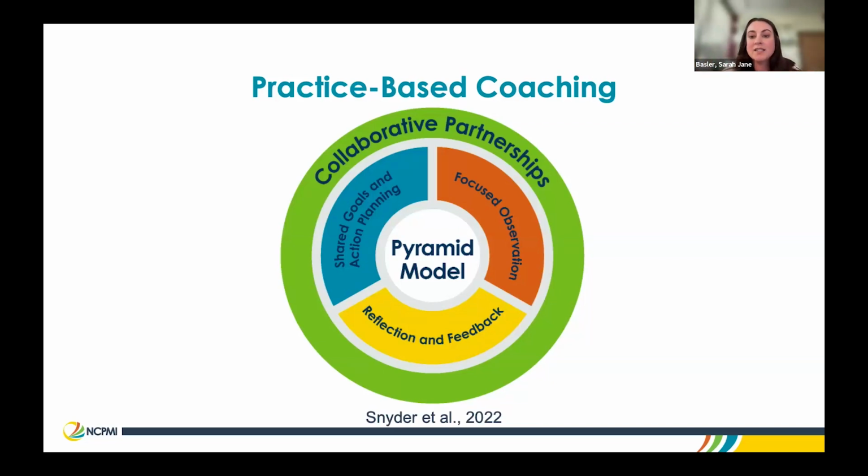For this project, the focus of coaching was and is the pyramid model. The model focuses on creating shared goals and action plans with a coachee to help support them to use pyramid model practices in their classrooms.